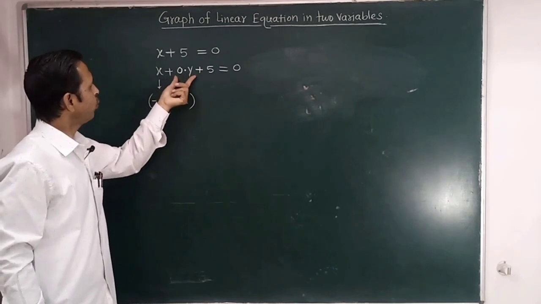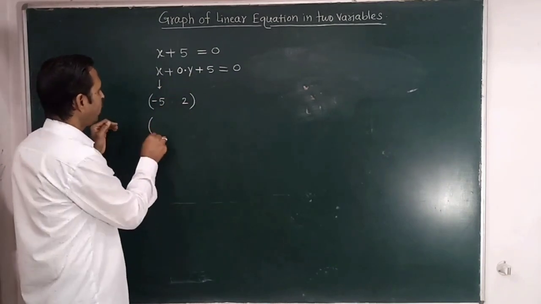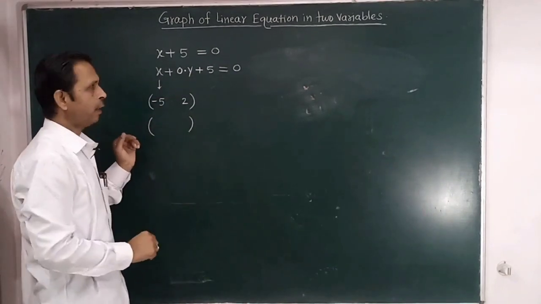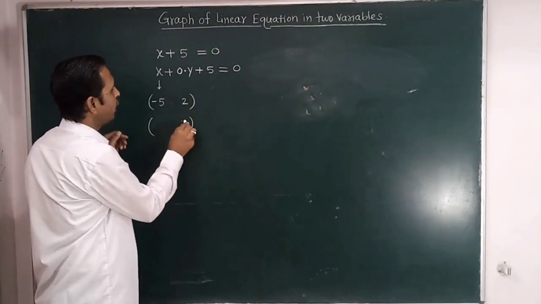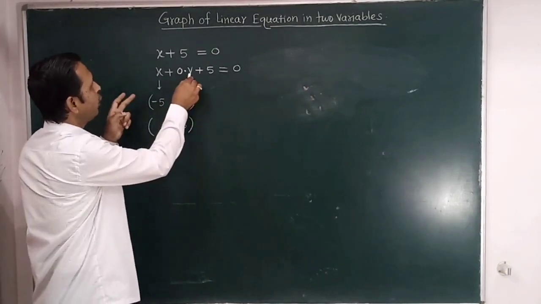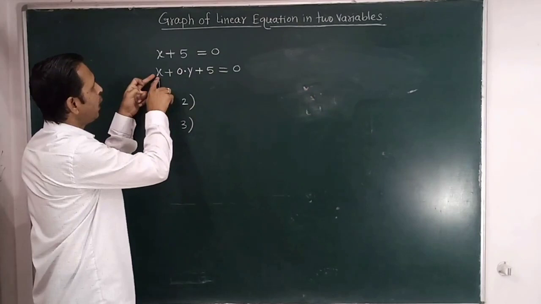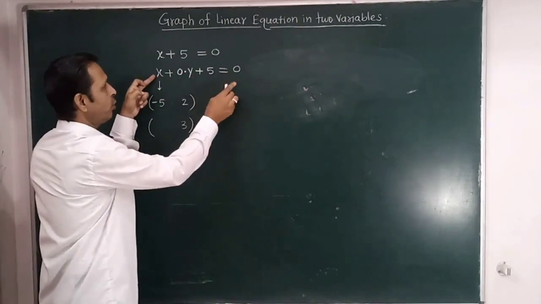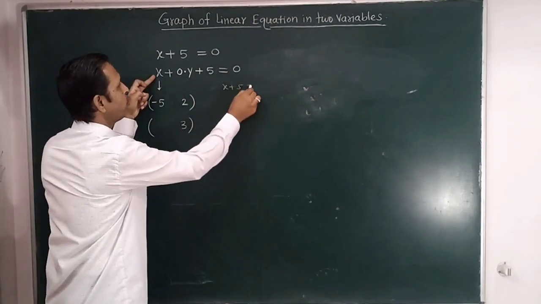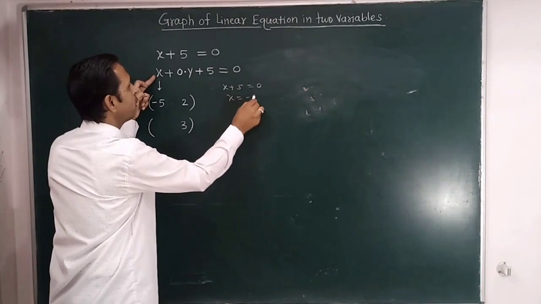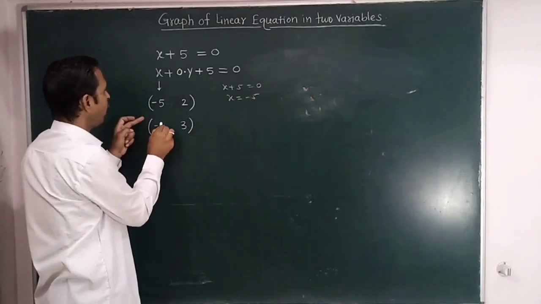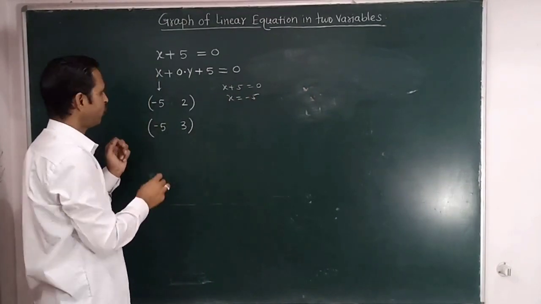Now in the next pair, if we put the value of y as 3, then 3 into 0 is 0, so x plus 5 is equal to 0, and that's why x is equal to -5, so x is again -5.